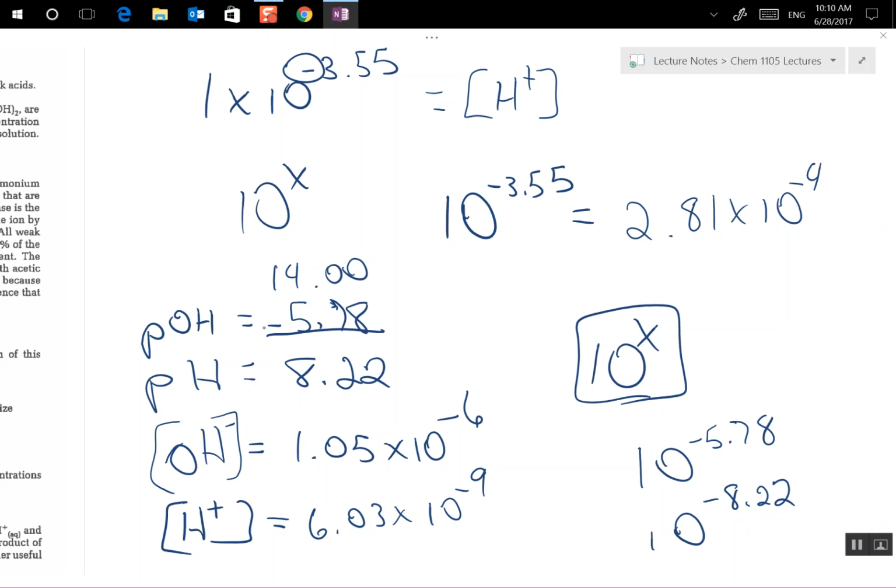Not the negative log, you take the anti-log, 10 to the X. 10 to the negative 8.22. And that's how I got this number, by taking the anti-log of those.